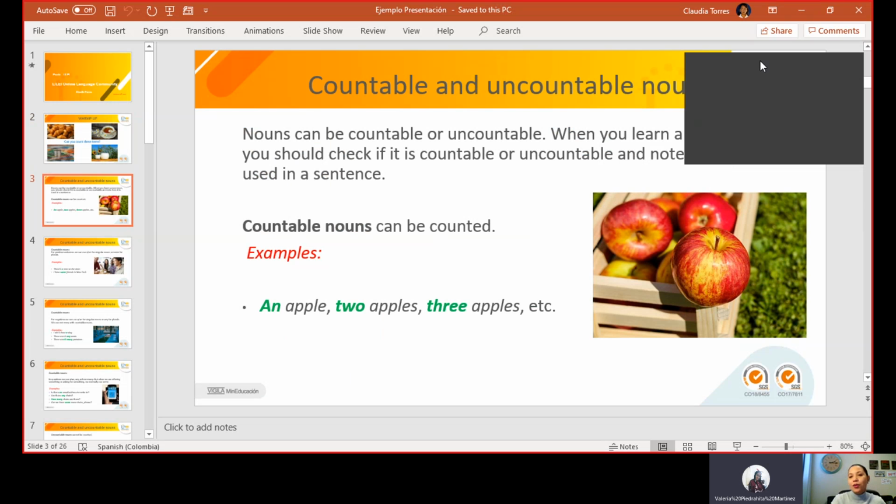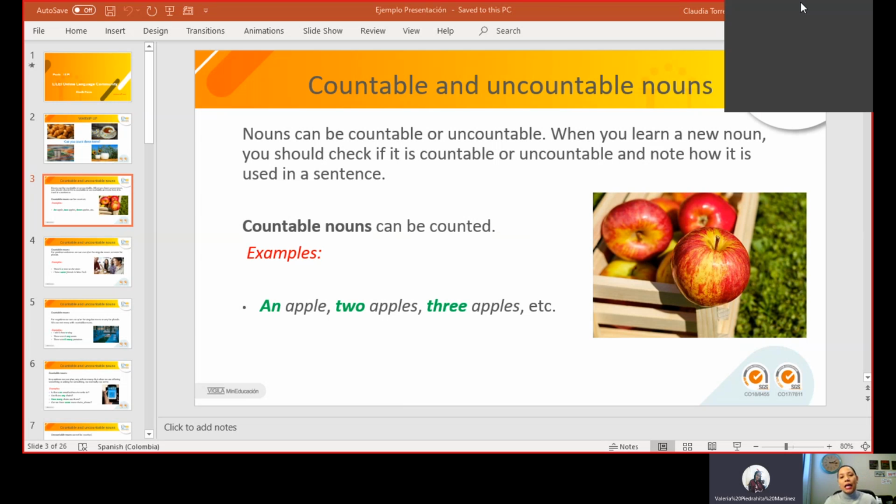Okay, so now here we have countable and uncountable nouns, right? Here we have some apples. Countable nouns are the ones that you can count.